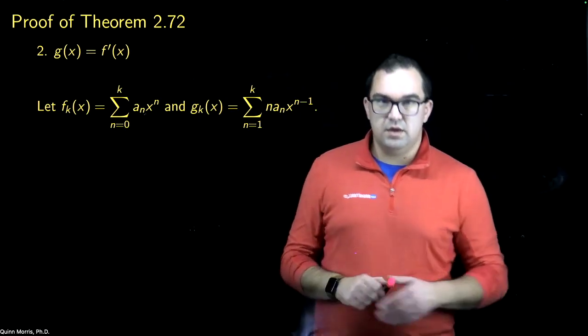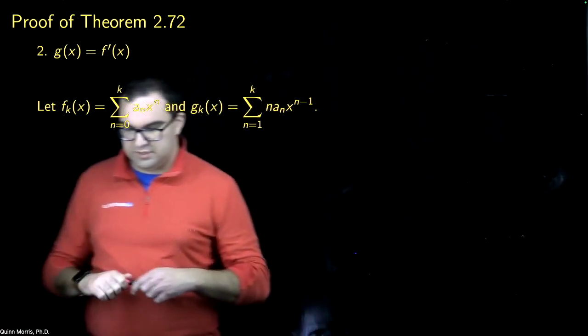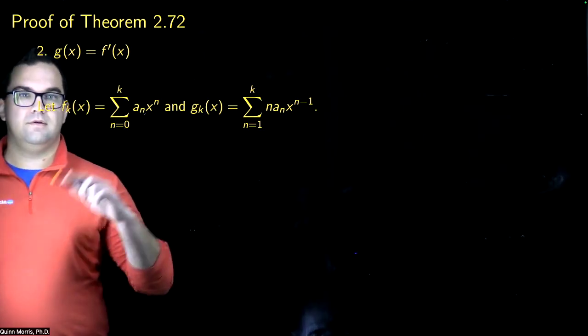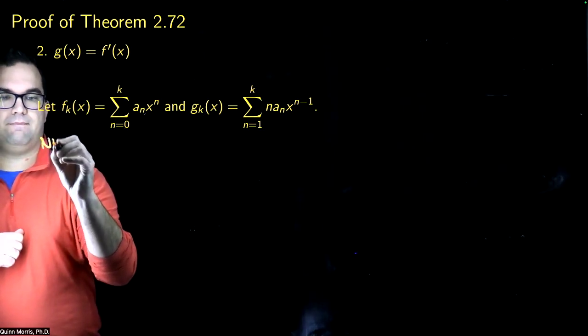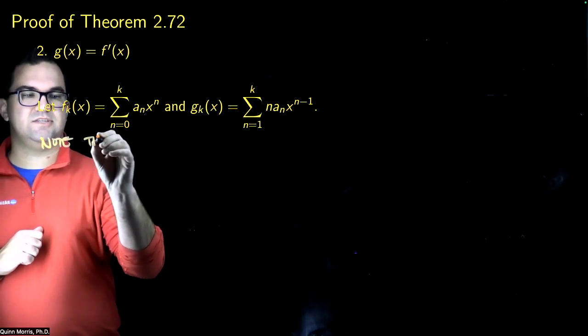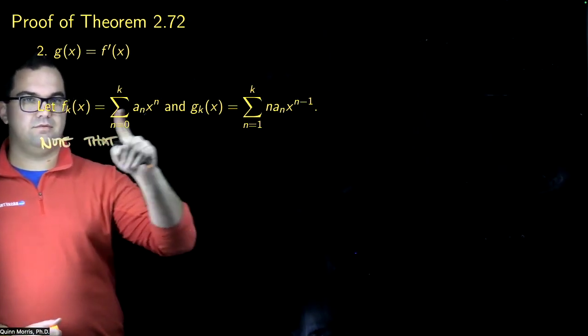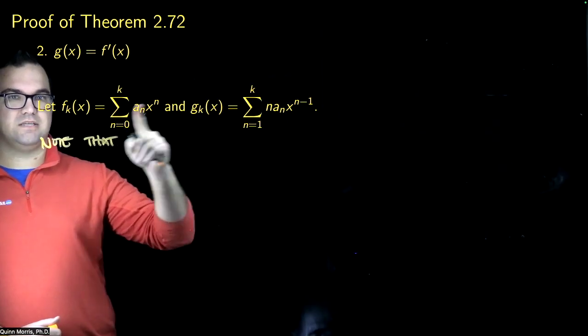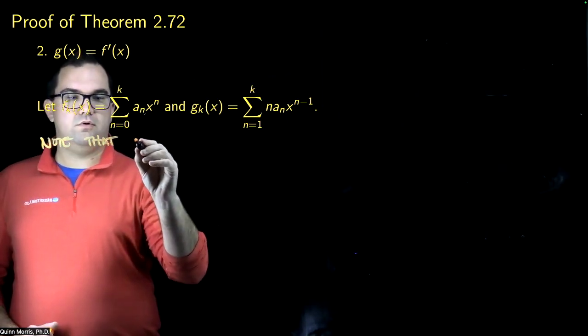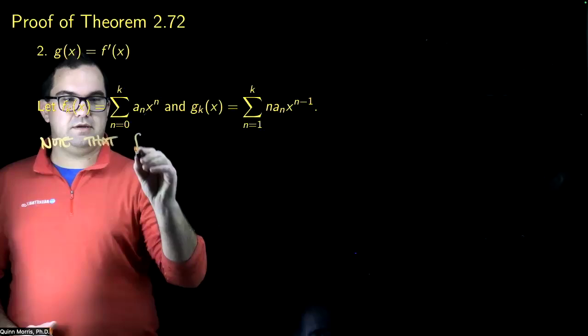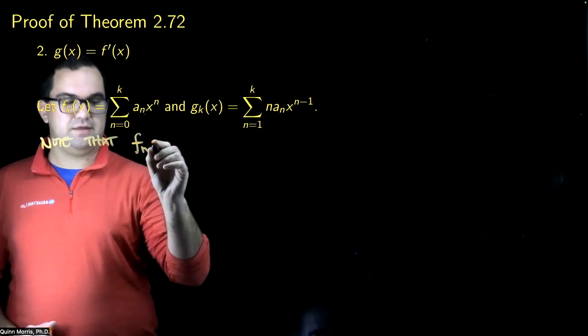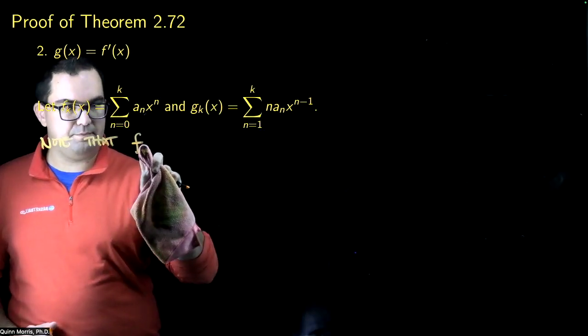Okay. Now, the first thing we want to observe is since these are partial sums, they're finite, right? These are finite sums. So in the case of finite sums, I can always take the derivative term by term.